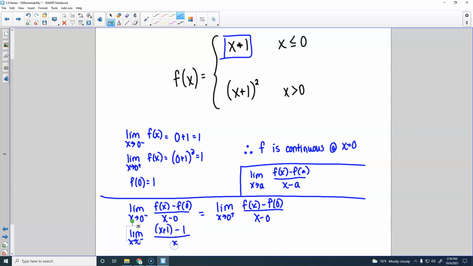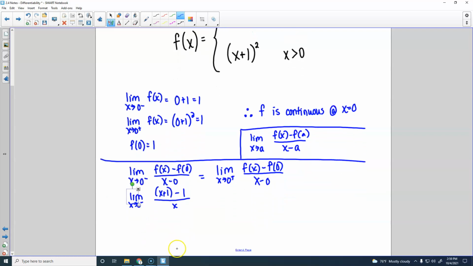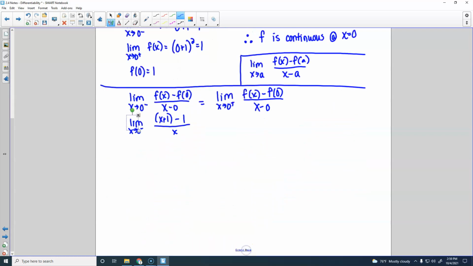Over just the x right here. You're going to have the 1's cancel, which gives you x over x, which is just 1. So you just get 1.